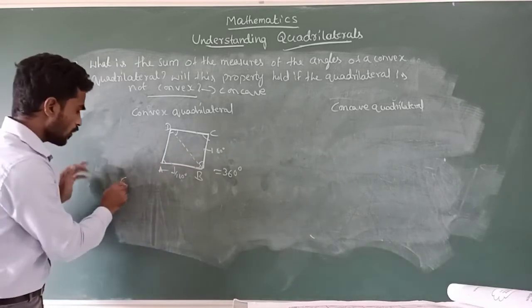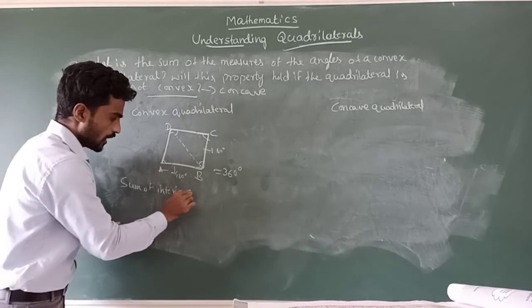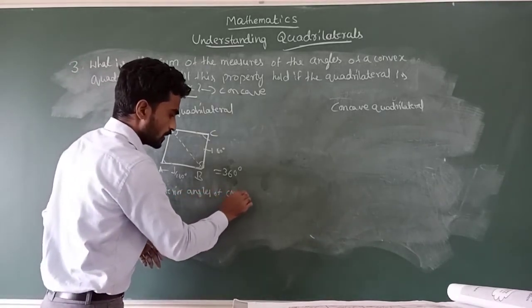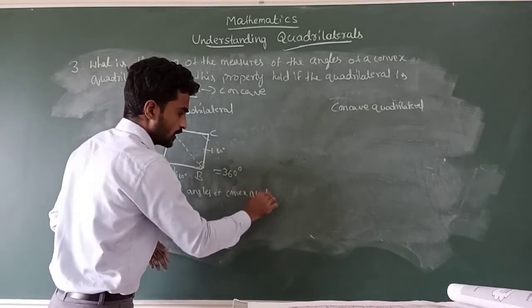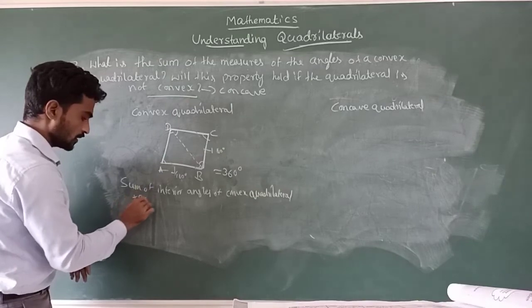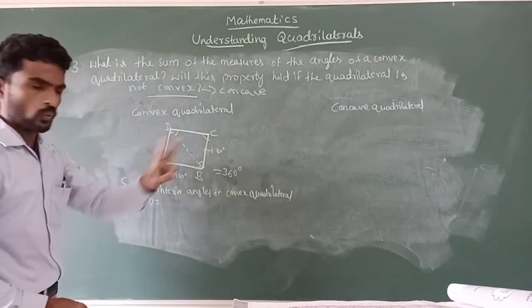Then the sum of interior angles of convex quadrilateral ABCD is equal to, this can be divided into 2 triangles.